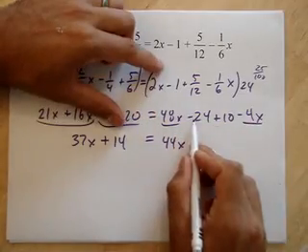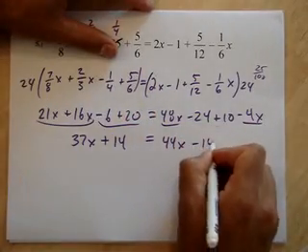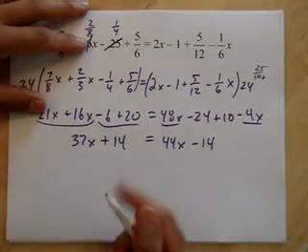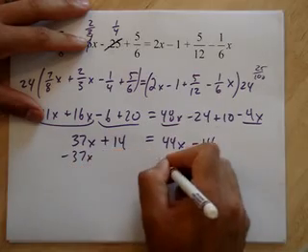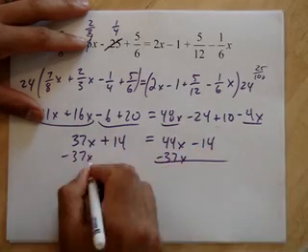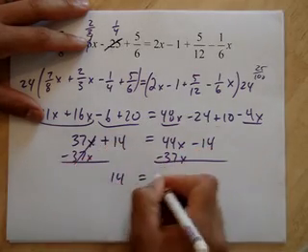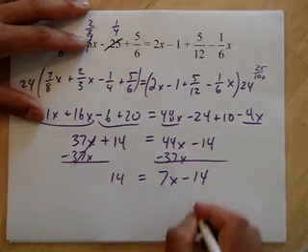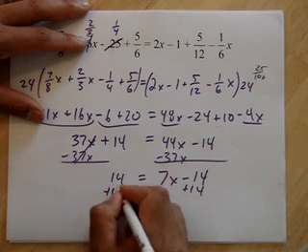Combine those two, and now let's look at negative 24 and a positive 10 gives me a negative 14. Look at this. This is ending up being so easy. So let's bring the x to the right this time. Let's subtract 37x from both sides. Got rid of these. I have 14 equals 44 minus 37 is 7x minus 14. Almost done. Let's add 14 to both sides.